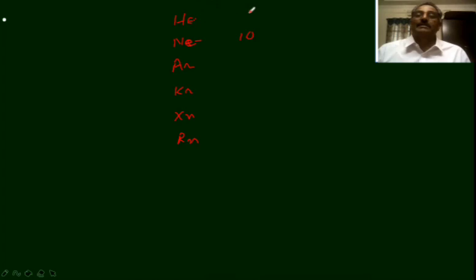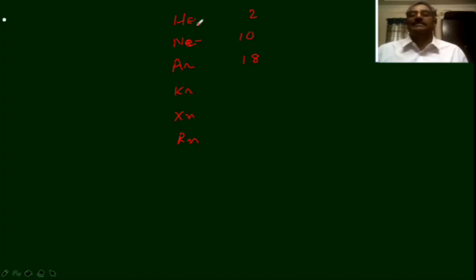You know that atomic number of helium is 2, atomic number of argon is 18. From the number of elements in the periods, we can get the atomic numbers of these elements. We can't memorize the atomic numbers actually. If you know the atomic number of the first element in the group, you can find the atomic numbers of the other elements.